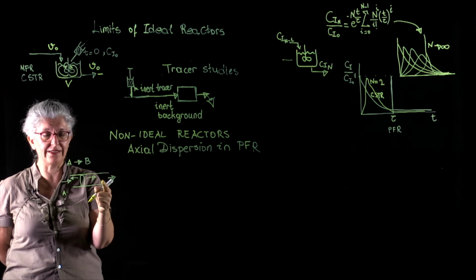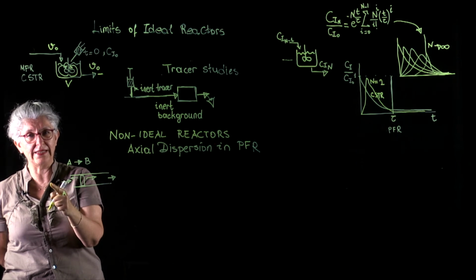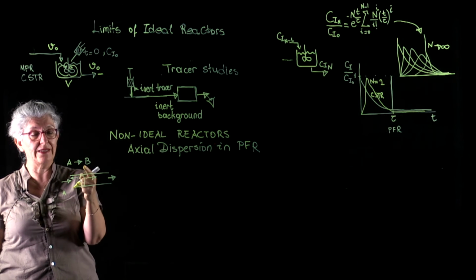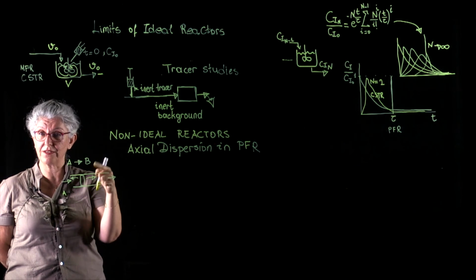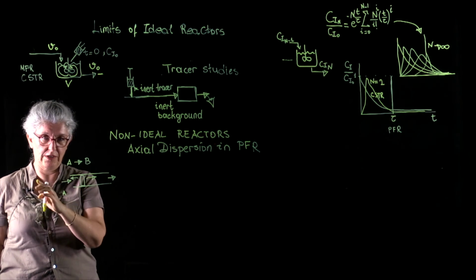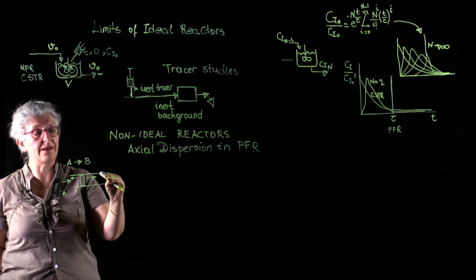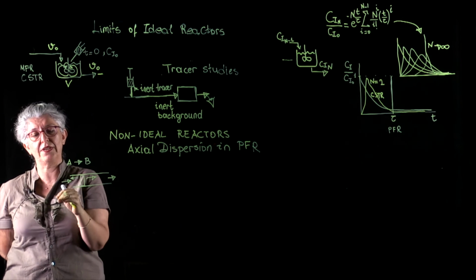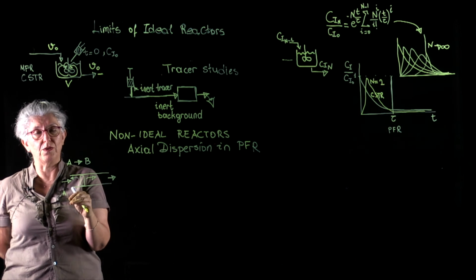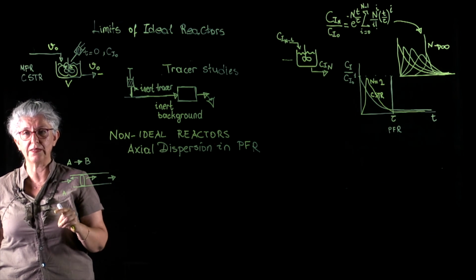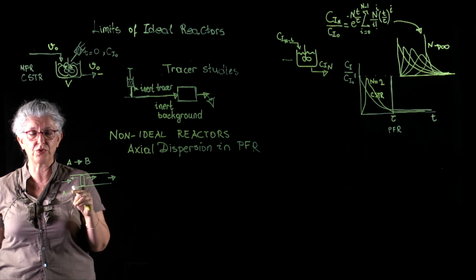On the other hand, there is no B in the initial part of the reactor, and B molecules, depending upon their relative average velocity in the domain with respect to the bulk velocity, might diffuse back to the inlet of the reactor. So in order to take this into account, we are going to write the reaction diffusion equation.